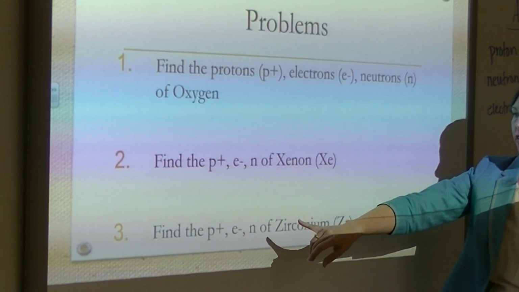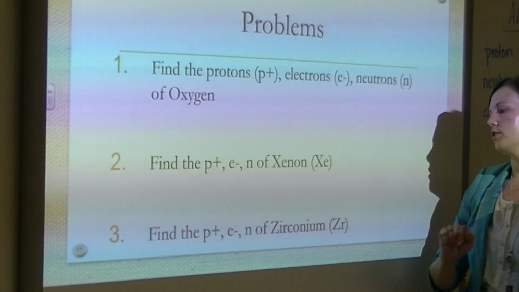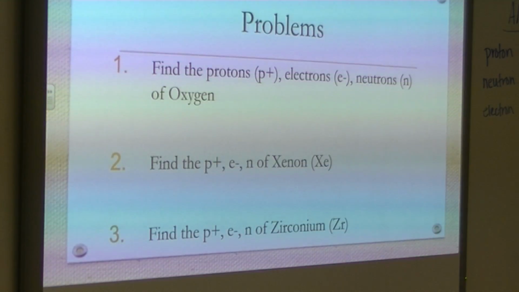And then find the number of protons, electrons, and neutrons of zirconium, which is Zr, on the periodic table. Remember that your atomic number is your number of protons and electrons, and then you subtract atomic mass minus your atomic number to find the number of neutrons. So go ahead and take just a couple minutes to do that.